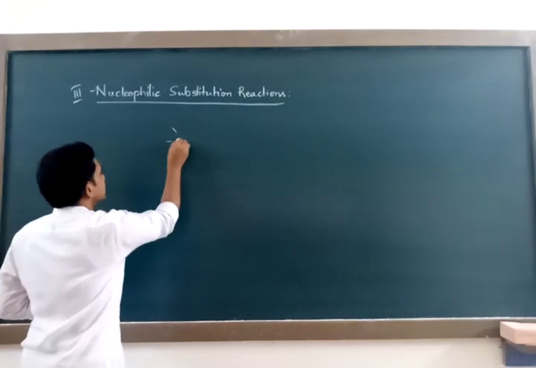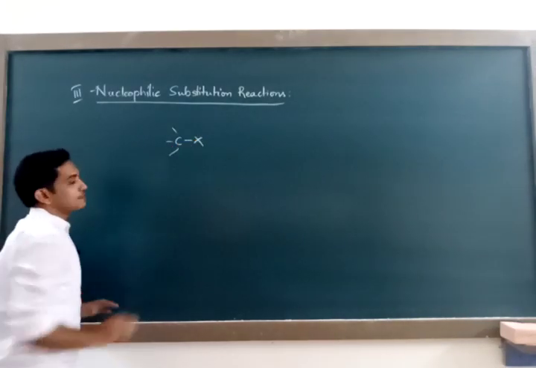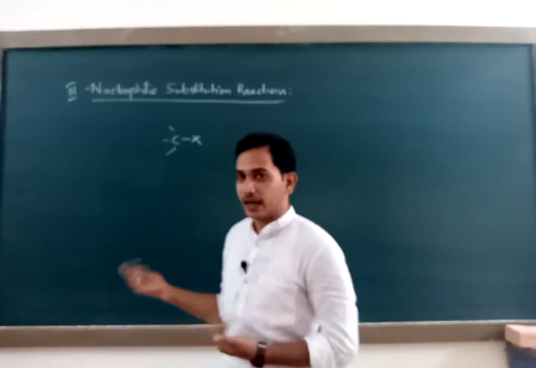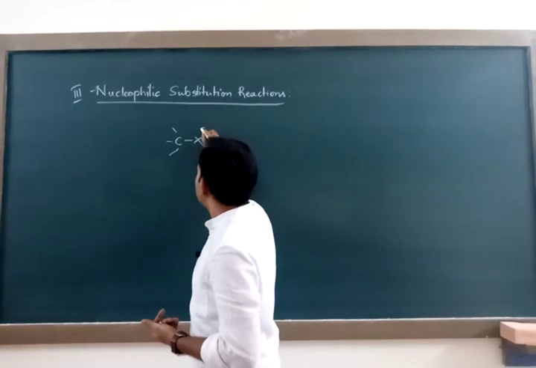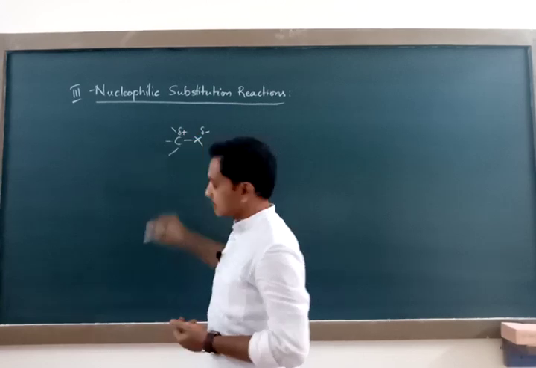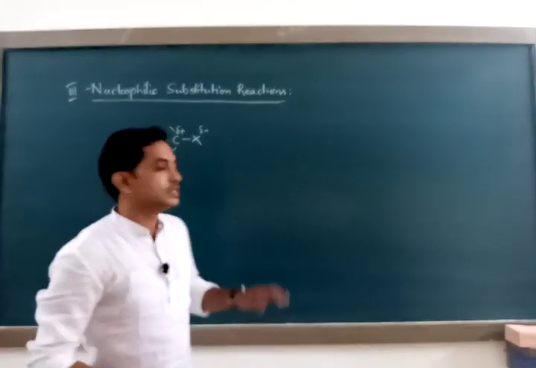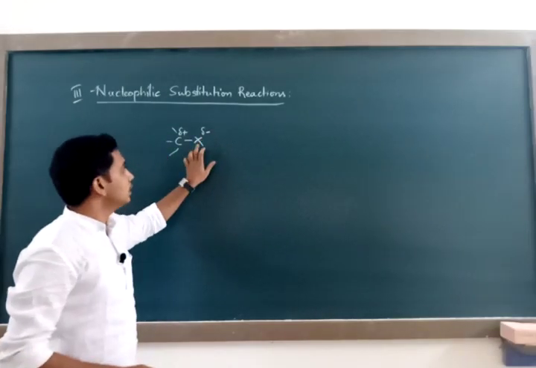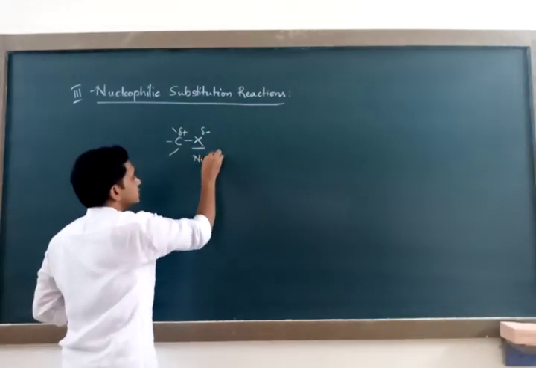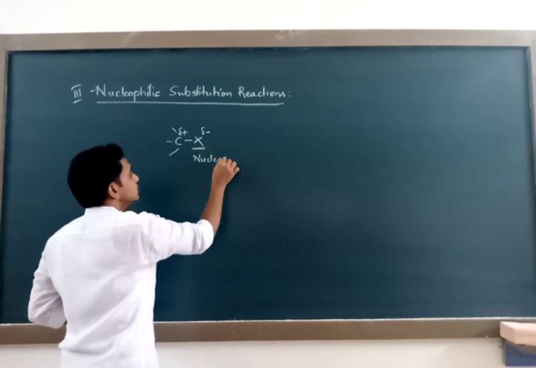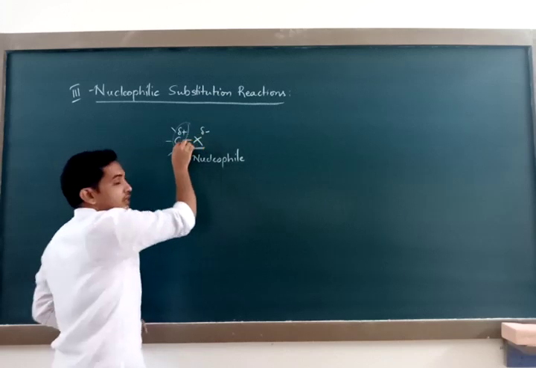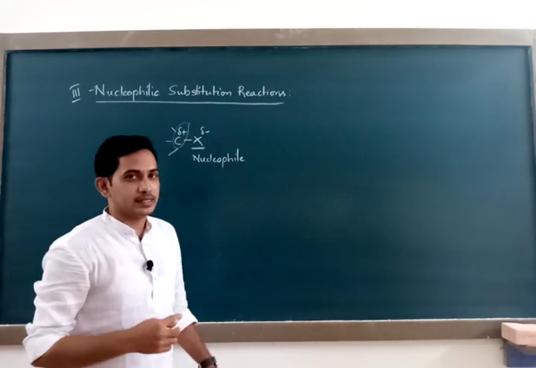In all haloalkanes, this part is common. We have already seen in the nature of the carbon-halogen bond that the halogen bears a partial negative charge and carbon bears a partial positive charge. This negative charge on halogen labels it as a nucleophile because it is negatively charged, and the positive charge on carbon attracts other nucleophiles.